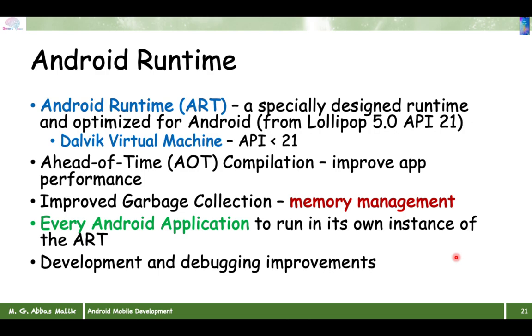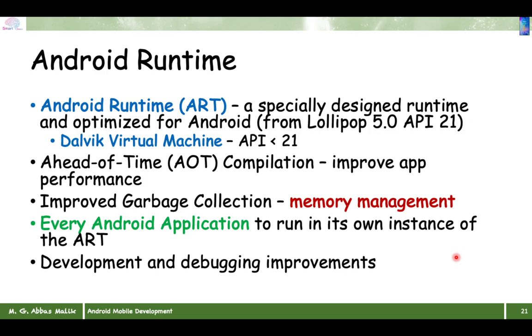Every application that you run in your Android system runs in its own virtual environment, and that specific application has all the access to that virtual environment, which is called the Android runtime. It uses ahead-of-time compilation, meaning the code is compiled before it is used. This helps improve the performance and speed of the Android application.